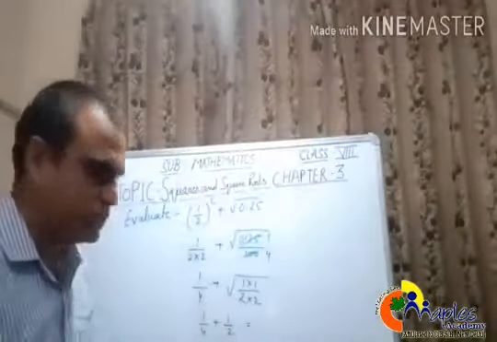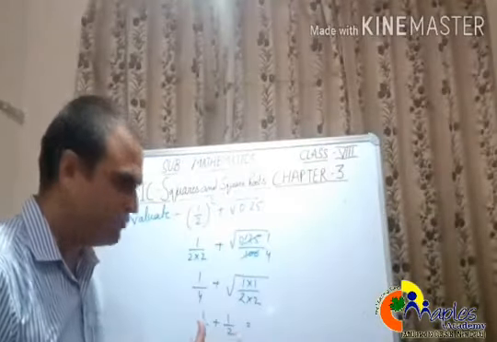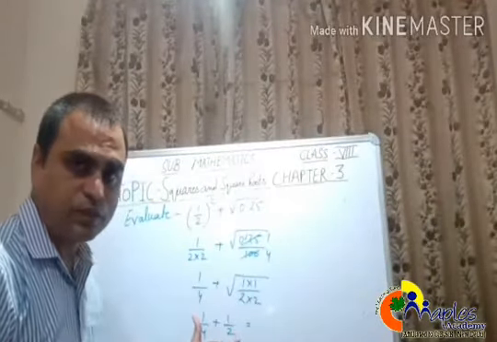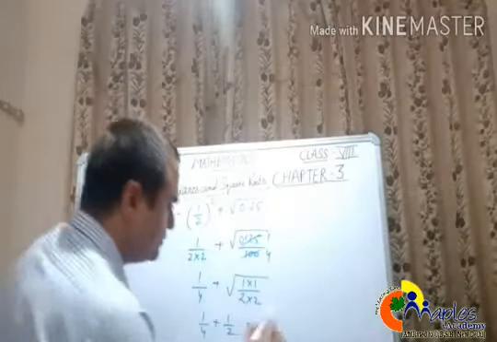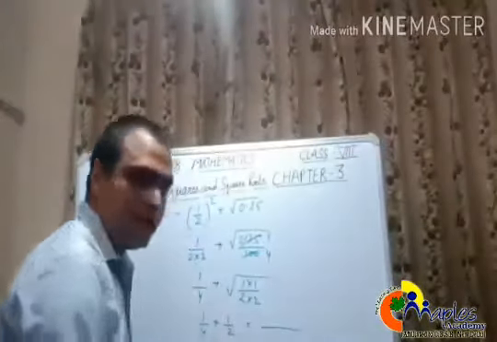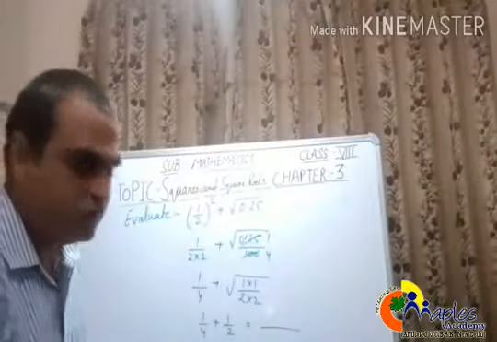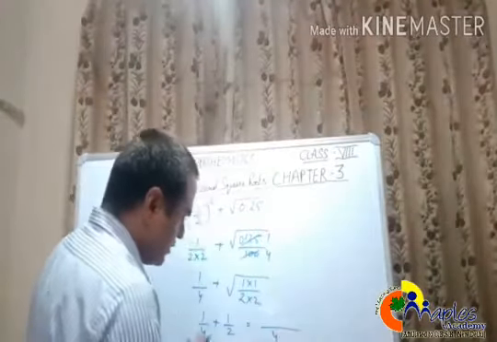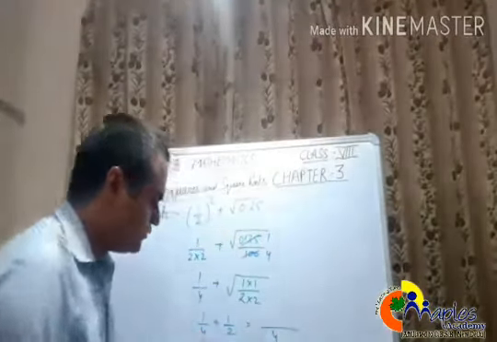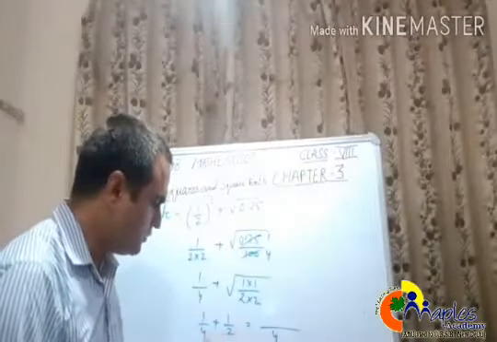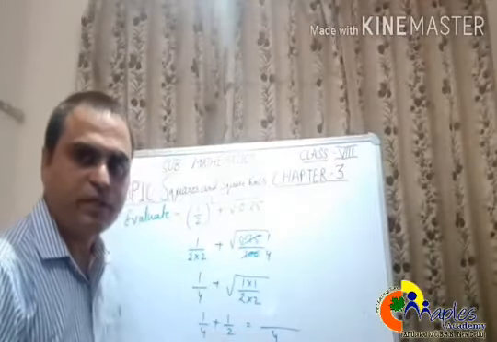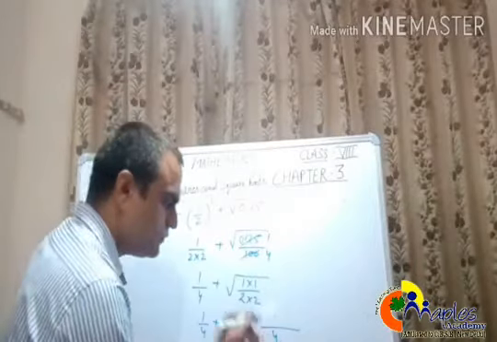Now we have to simplify, or find the sum of these rational numbers. First we have to take the LCM. What is the LCM of 4 and 2? 4. Here the denominator is 4 and the LCM is 4. Now we divide 4 by 4. How many times can it be divided? Only one time.